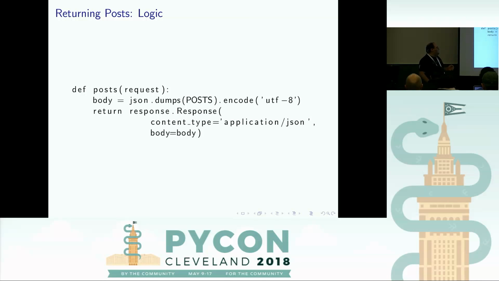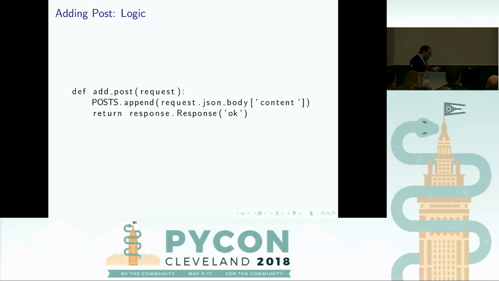We encode it into JSON, and we ship it. So this is the same thing as the hello world, slightly more complicated, but nothing to it. Again, notice that there are no decorations or anything around it. It's just a function, takes an argument, returns a value. Okay, and we have an add.